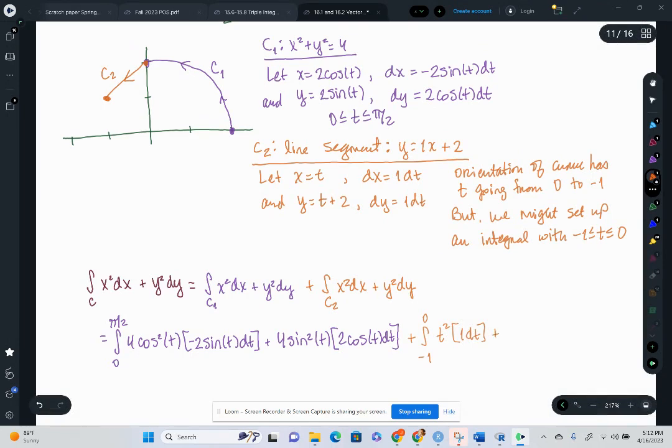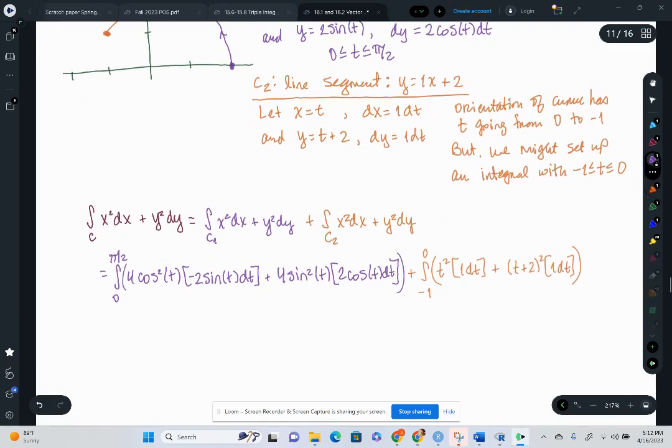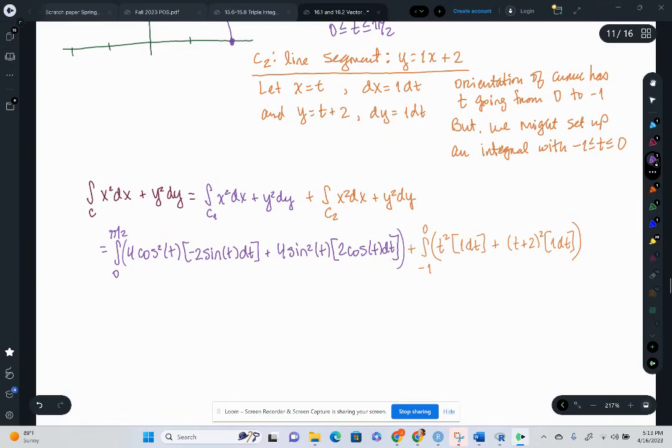Plus y squared, well, y is t plus 2, so I have a t plus 2 all squared, and my dy is 1 dt. Okay, I'm going to put some parentheses around each of these so that I know that they belong to their respective integrals. All right, the first one I want to rewrite just a little bit more nicely, and I'm going to factor out a dt when I do that.